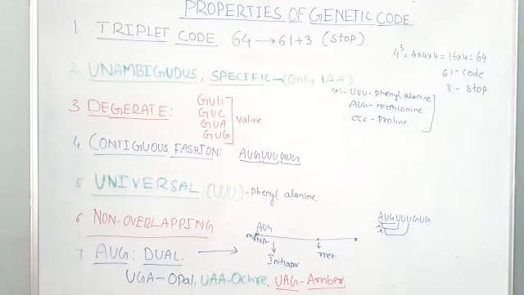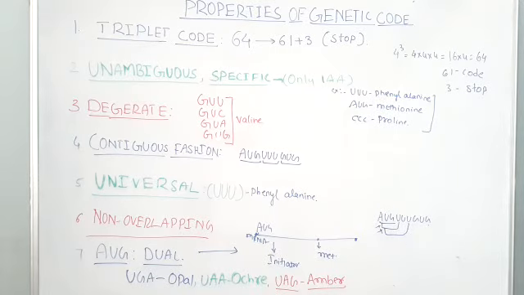Take for example, this I have taken from the genetic dictionary: GUU, GUC, GUA, GUG. How many triplet codes? 4 triplet codes. These 4 triplets code for a single amino acid.